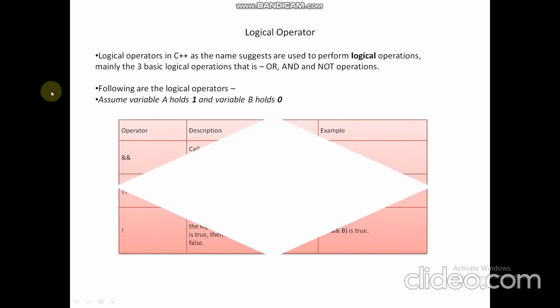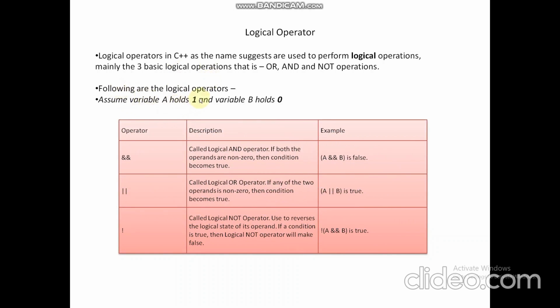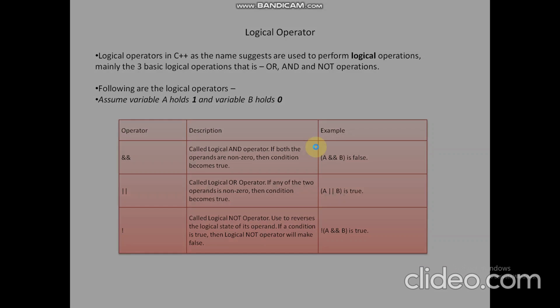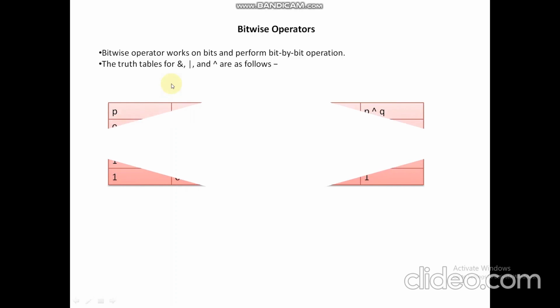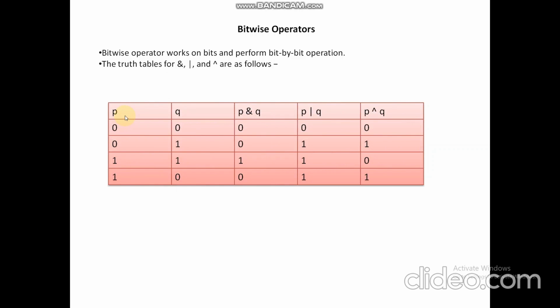What are logical operators? A holds 1 and B holds 0. The operators are AND, OR and NOT, and there are truth tables belonging to these logical operations.